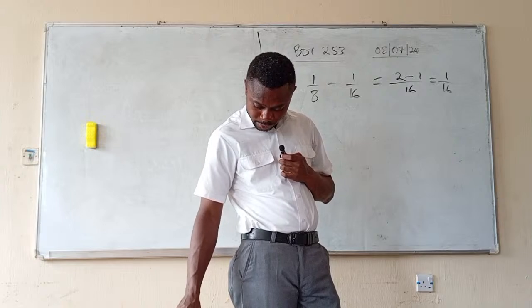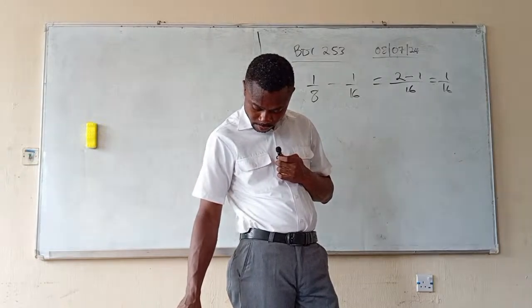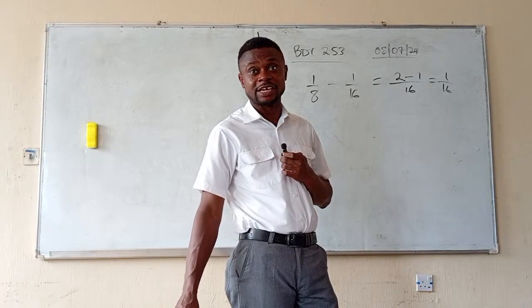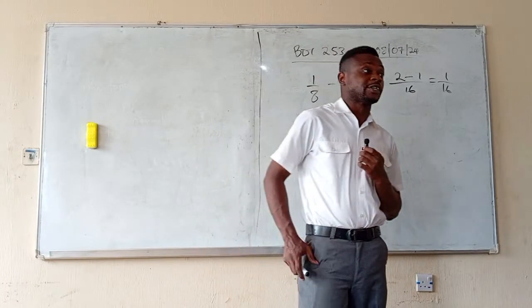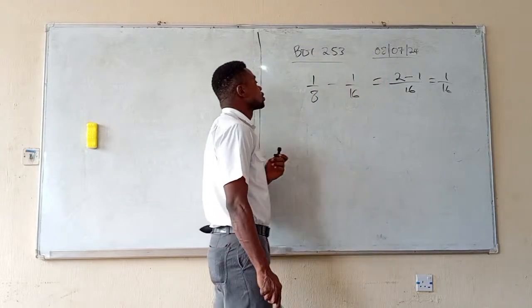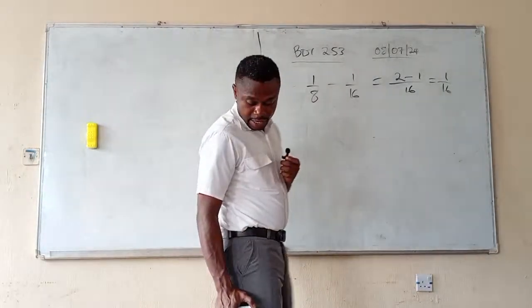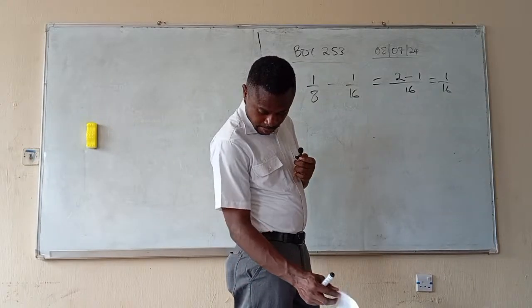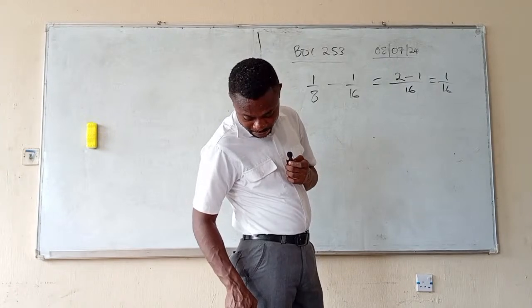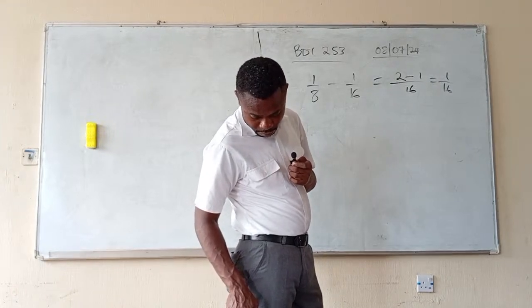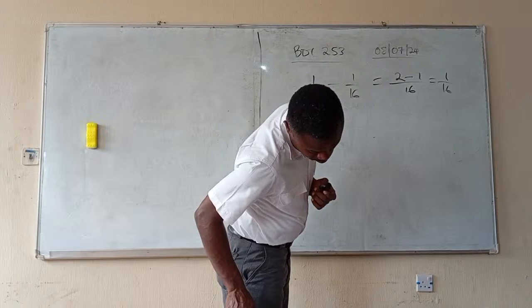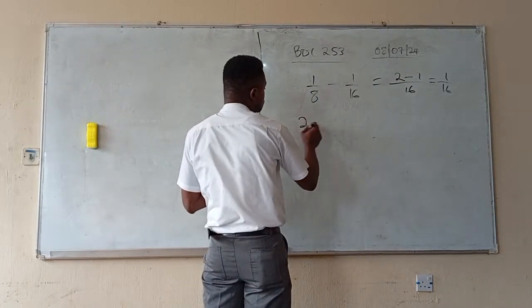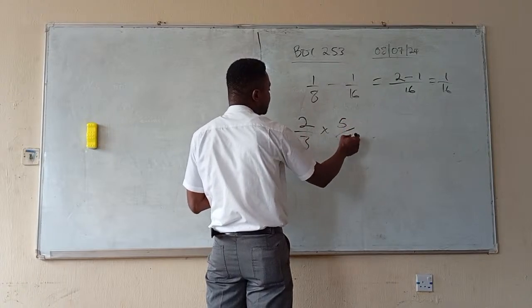I want us to do division, multiplication, and what? Division. So let's assume we have 2/3 times 5/8.